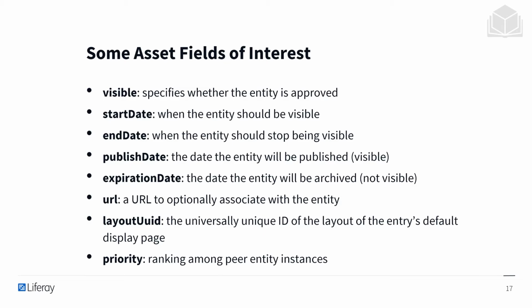Expiration date, which is the date the entity will be archived, which means it will no longer be visible. URL, which is a URL to optionally associate with the entity. Layout UUID, which is the universally unique ID of the layout of the entry's default display page. Priority, ranking among peer entity instances.